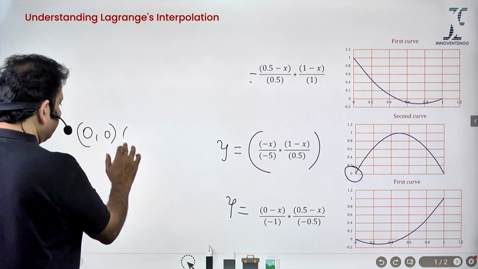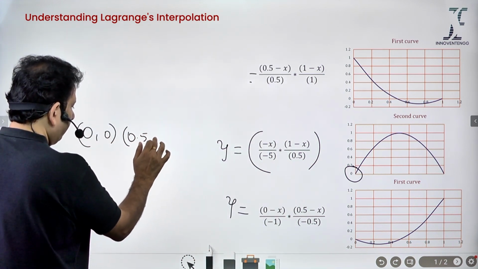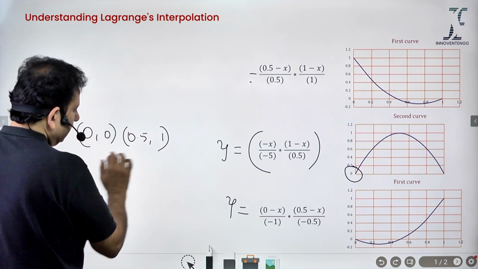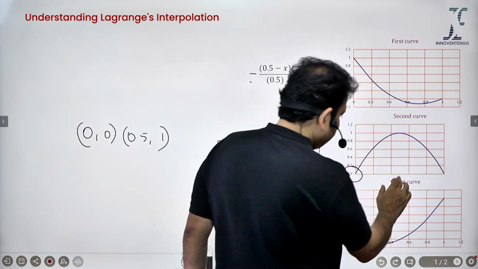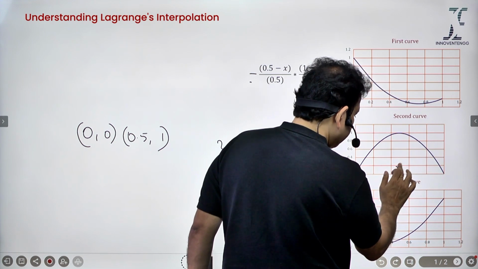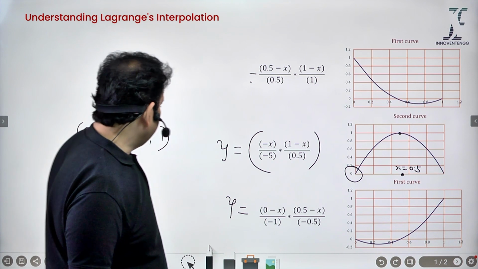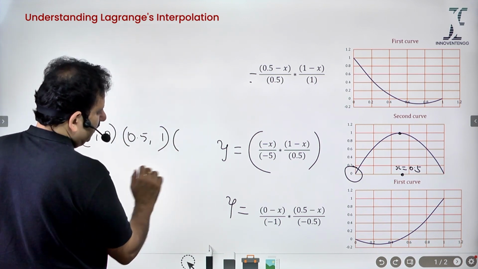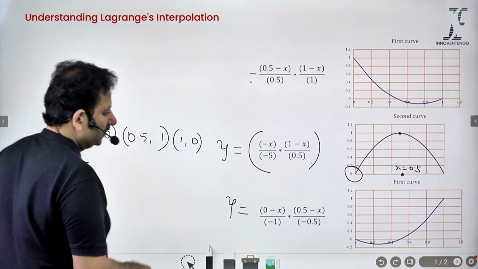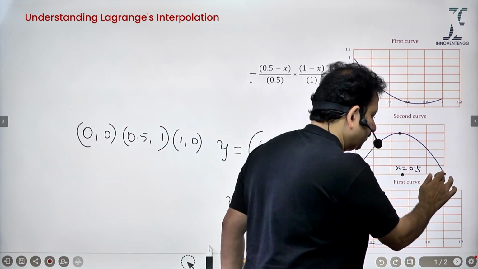You are saying that your independent variable is 0.5 and the dependent variable is 1, and that is also satisfied because exactly at the midpoint x equal to 0.5, your y value is 1. And you are again saying that your independent variable is 1 and the dependent variable is 0, and this is the point I am talking about.